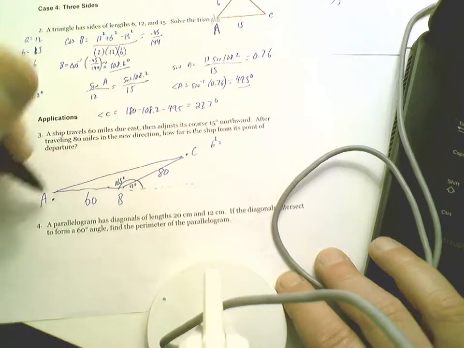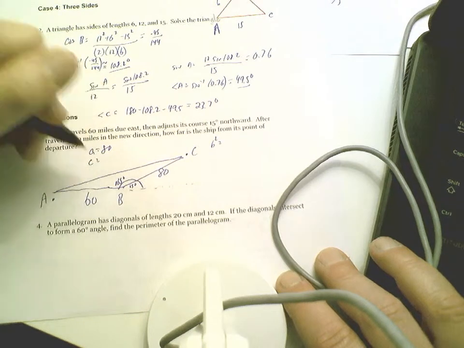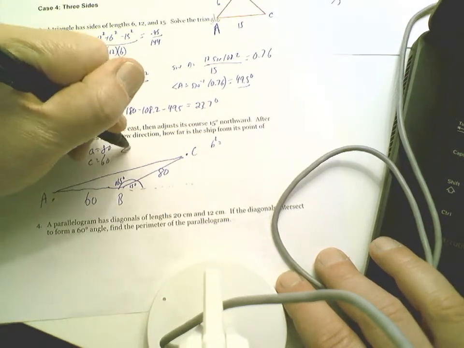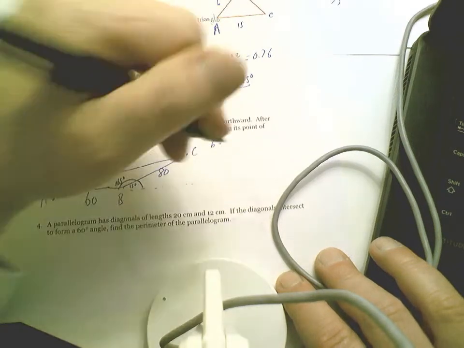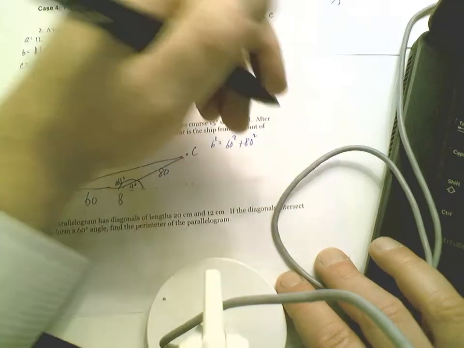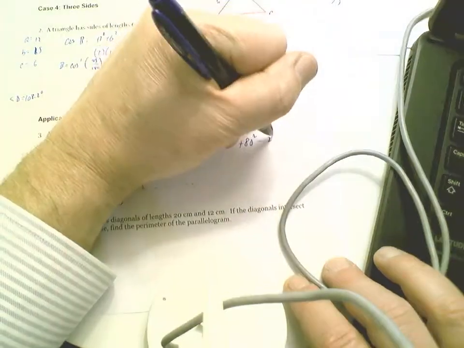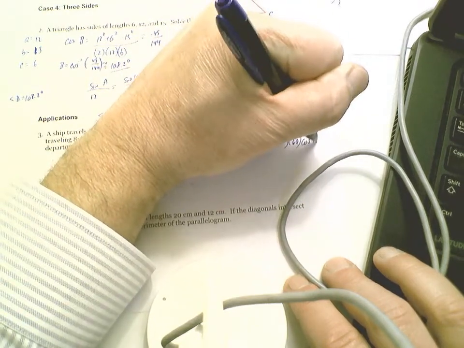Well, little a is 80. Little c is 60. Angle B equals 165. B squared equals 60 squared plus 80 squared minus 2, 80, 60, cosine 165 degrees.